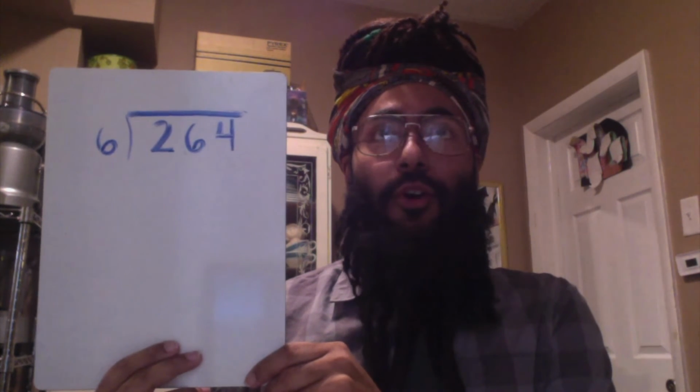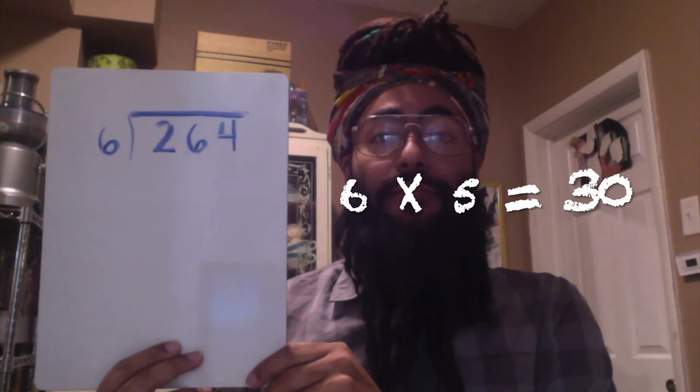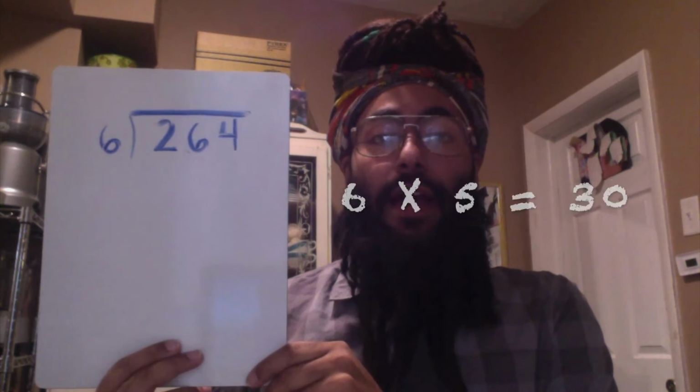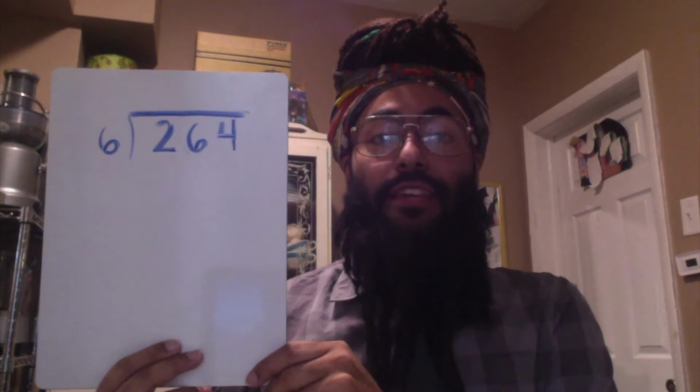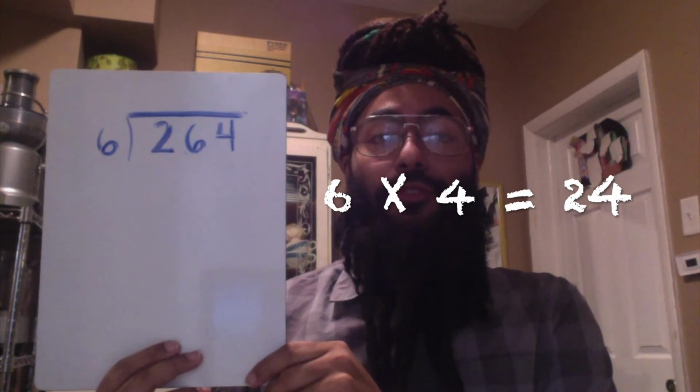I know I don't want to go over 26, but let me just check the next one to make sure. 6 times 5 is 30. I went over. 30 is more than 26, so let me go back. 6 times 4 is 24. So 6 goes into 26 4 times.